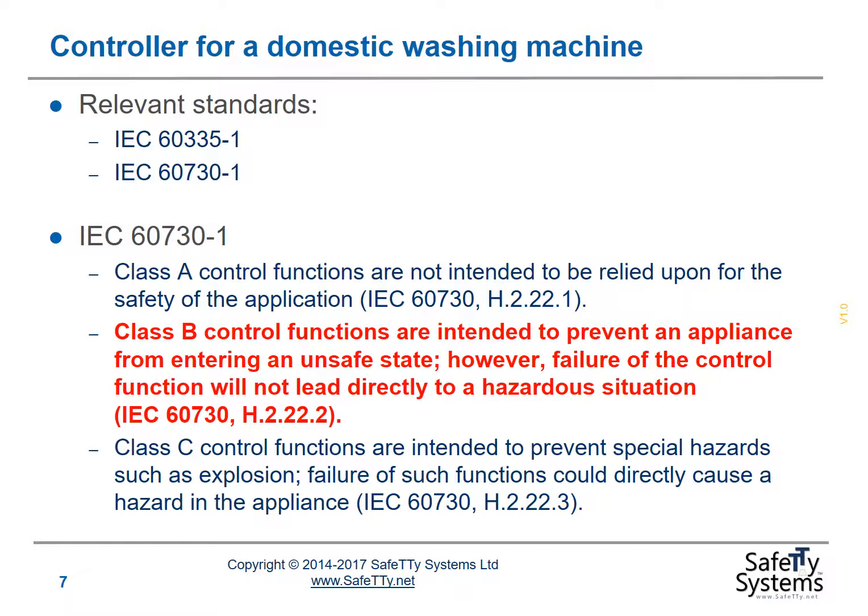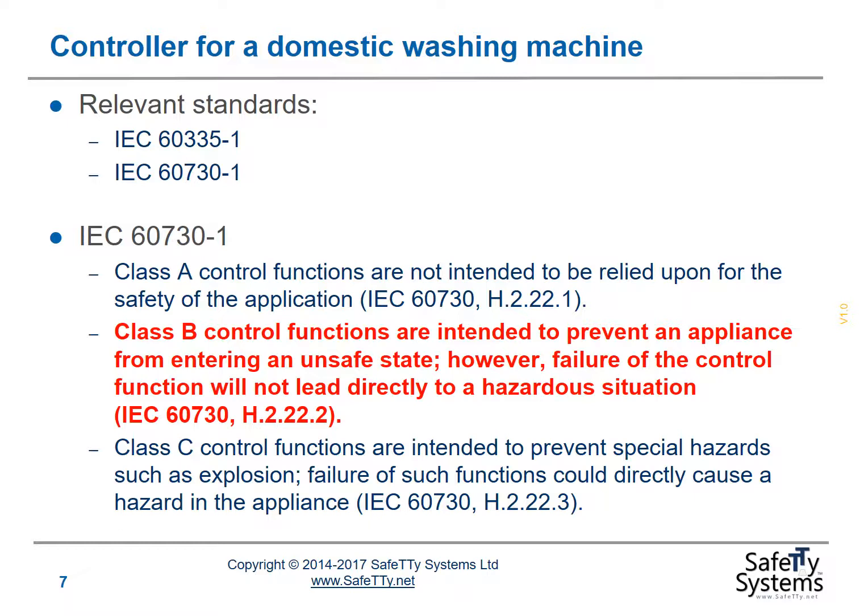In the case of our washing machine, which will be Class B, the failure of the control system that locks the door doesn't in itself mean that someone's going to be injured. If that control system fails and somebody opens the door, then there is a risk of injury, but it's not automatic. Failure of the door lock mechanism doesn't in itself injure anybody.